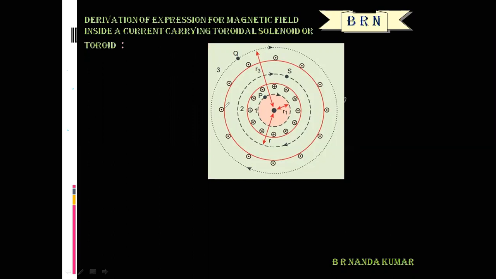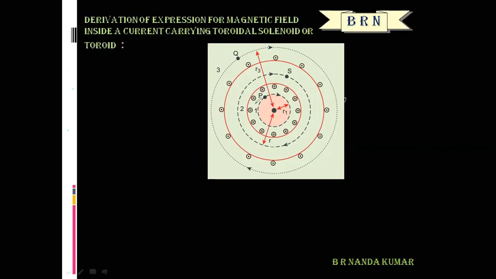A dot mark shows the turn is directed normally outward, and a cross mark shows the turn is directed normally inwards.